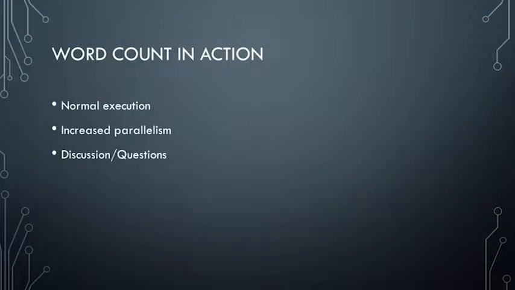So I'm going to run this topology now. I'll run it through normal execution, and then I'll increase the parallelism, and we can see how that input grouping comes into play.